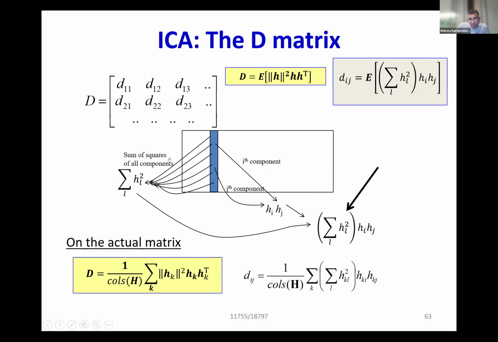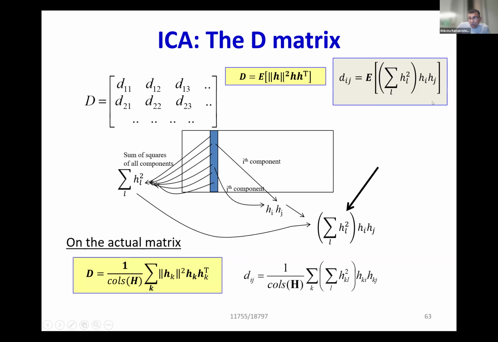This is the average over all the columns of the matrix H. For each column, you sum all the squared components within the column and multiply by the ith component and the jth component. So this is Hi times Hj, the whole thing multiplied by the squared norm of the vector. This is what you're averaging.